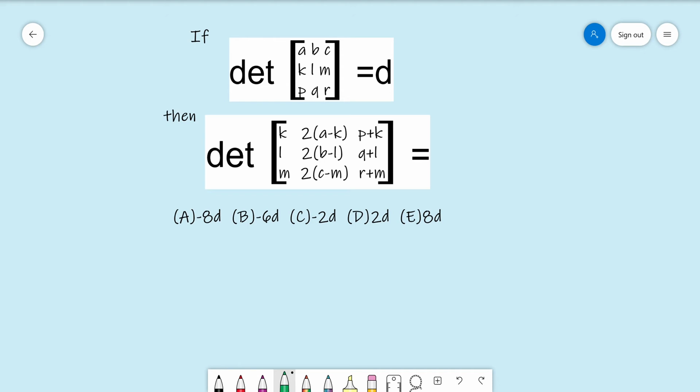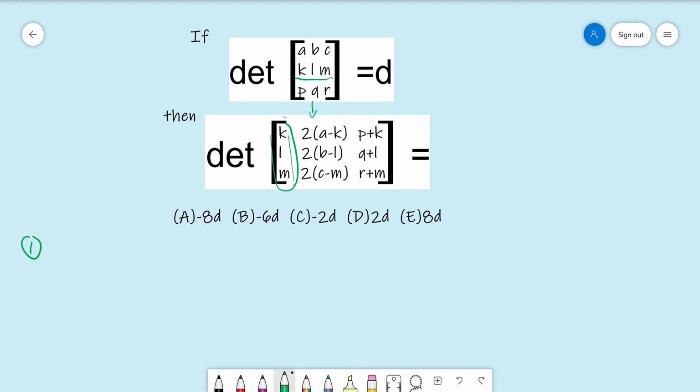So let's see. The question is, how can we take this matrix and arrive at that matrix by a series of row operations, and what do they do to the determinant? Well, the first thing we can notice is that this KLM becomes a column here. That's the first hint. And actually we see that ABC and PQR also kind of show up in the columns of the second matrix.